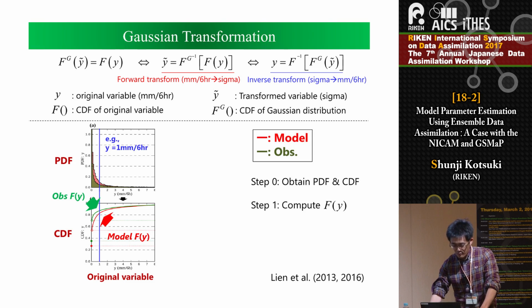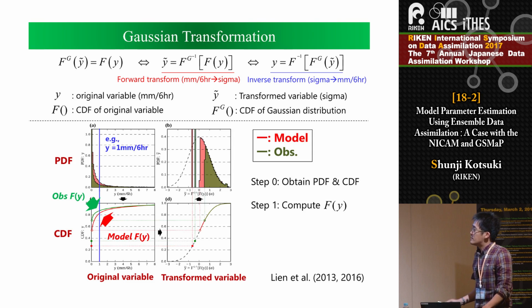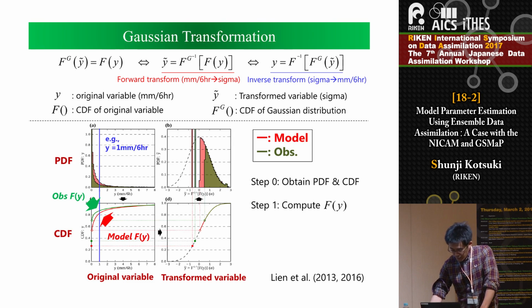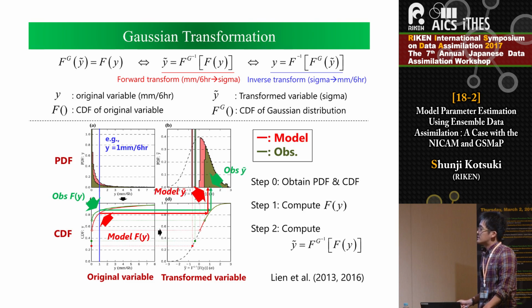We have an additional procedure to mitigate the non-Gaussianity issue. We also prepare the PDF of the Gaussian distribution, and the CDF of the Gaussian distribution. What the Gaussian transformation does is find the corresponding value of the CDF in the Gaussian distribution.